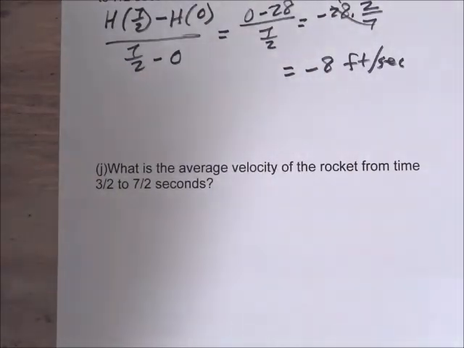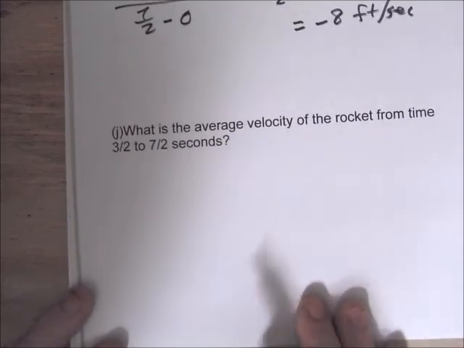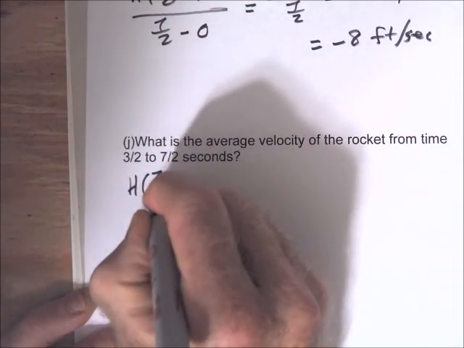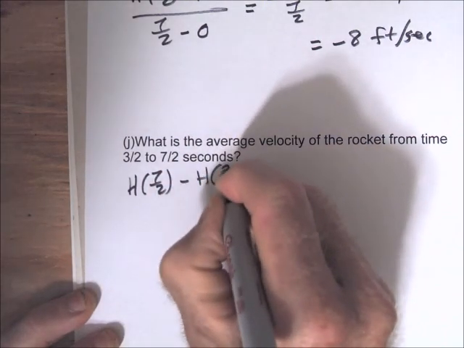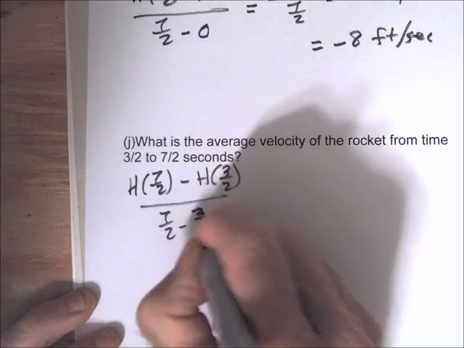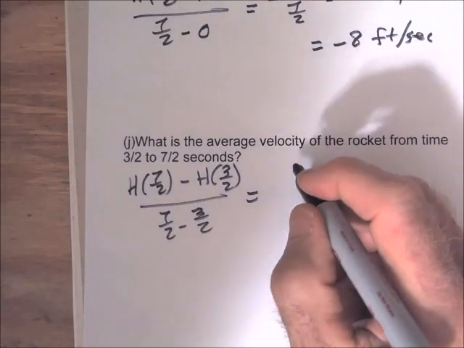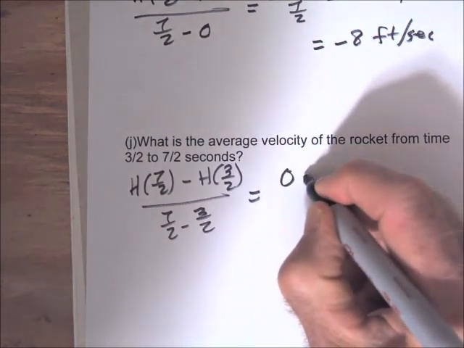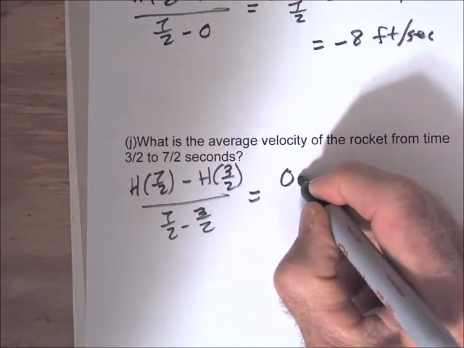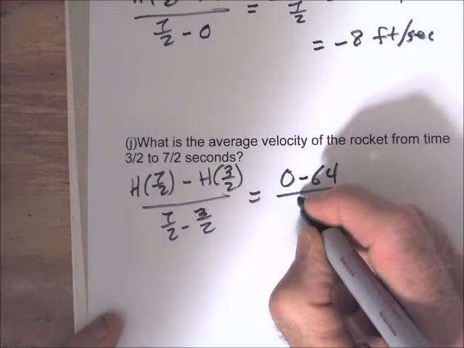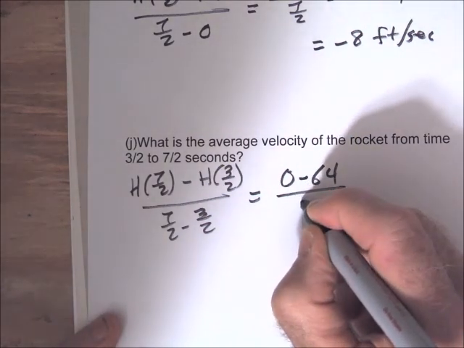So average velocity is h of 7/2 minus h of 3/2 over 7/2 minus 3/2. So h of 7/2 is 0. H of 3/2 is 64. 7/2 minus 3/2 is 4/2, which is 2.